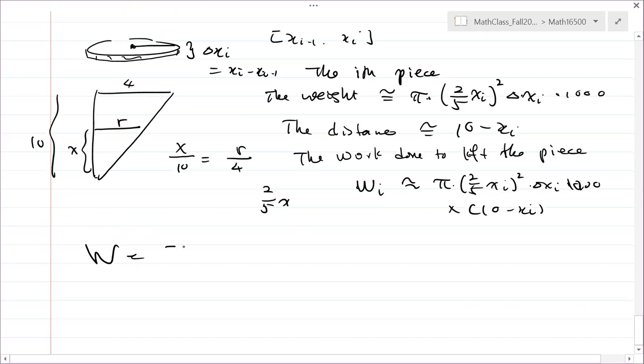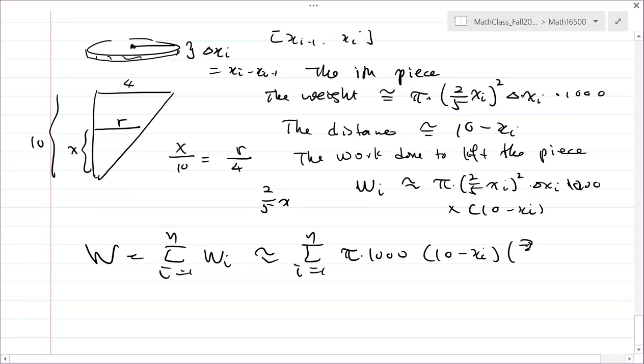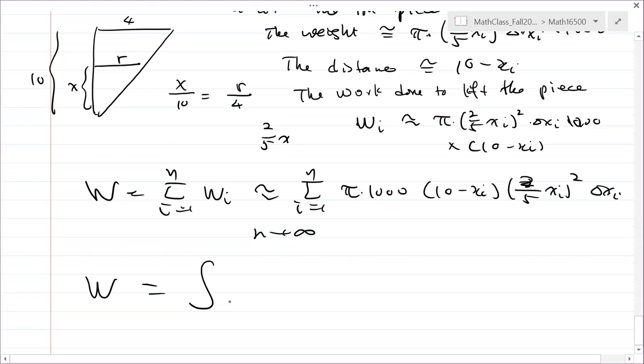So the total work is going to be the sum of that. It's about, and then you get the Riemann sum. Let's write down that's pi 1,000, 10 minus xi, and 2 over 5 xi squared delta xi. I put the delta xi at the end, and that gives the dx when you go to the limit. So finally, if you take the limit, you should get the integral.